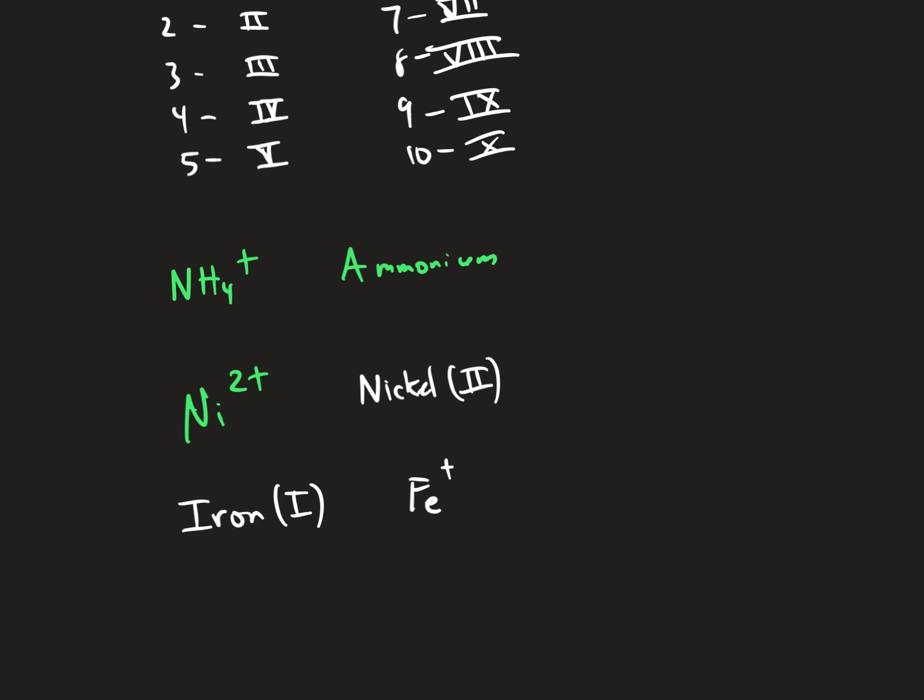What else? What about aluminum? What is the cation formula for aluminum? Use your periodic table. What kind of metal is aluminum? Main group or transition?